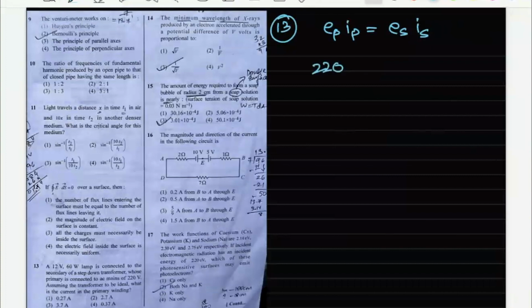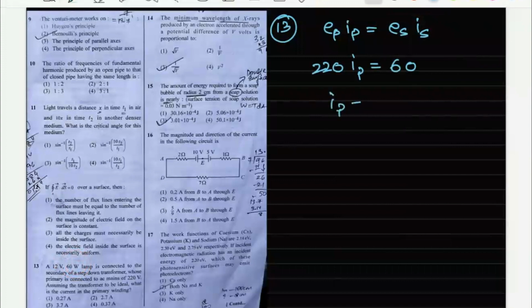What is to be found out is the current in the primary only. And this is the power basically, and output power is given to us as 60 watts. So whether I consider it AC or DC, the power would still be 60 only, right? So whether it is 12 volts or whatever volts it is, it doesn't matter.